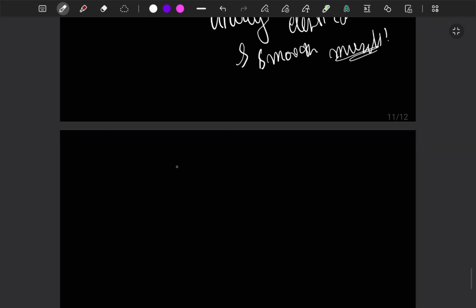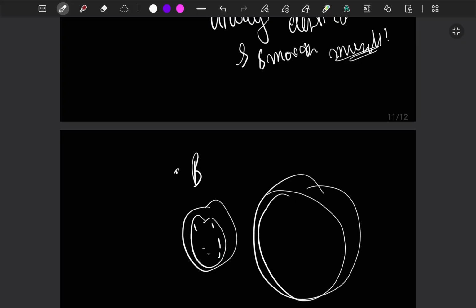And then there is bronchial asthma, and then there is emphysema. Right. This is a normal airway. This is the bronchiectasis with increased mucus.